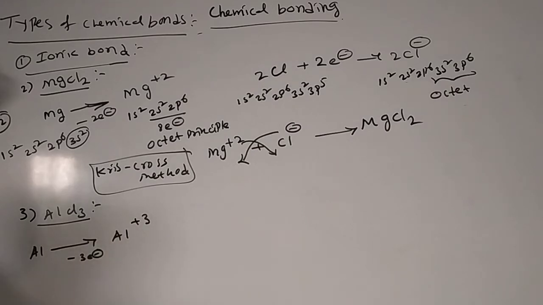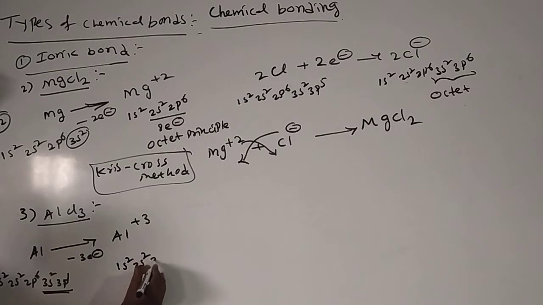See, 1s2, 2s2, 2p6, 3s2, 3p1. If it loses these 3 electrons, it gets the inert gas electronic configuration. After losing 3 electrons, 1s2, 2s2, 2p6. It has 8 electrons, so it follows the octet principle.